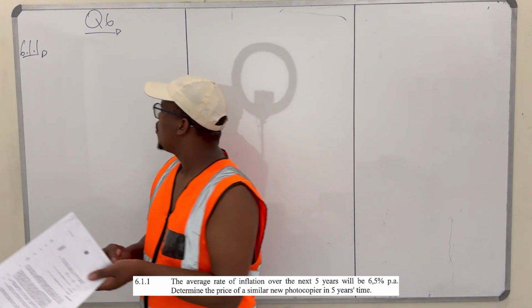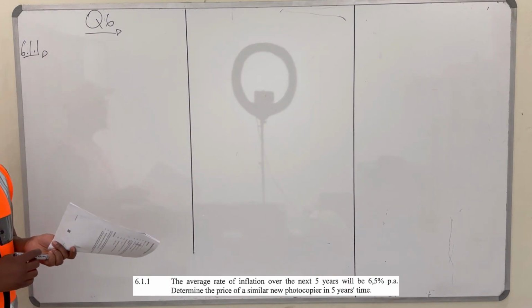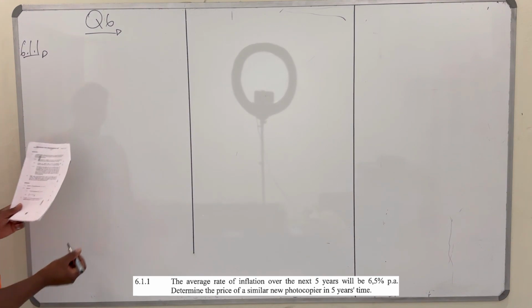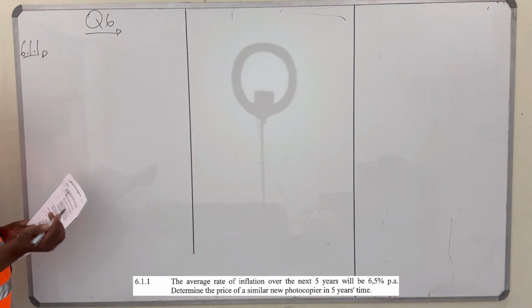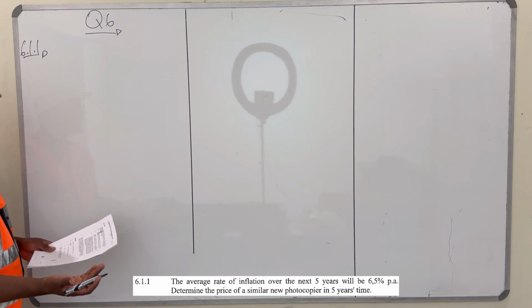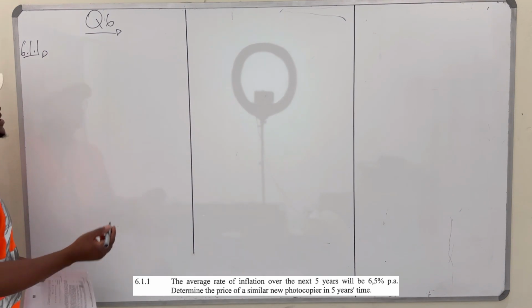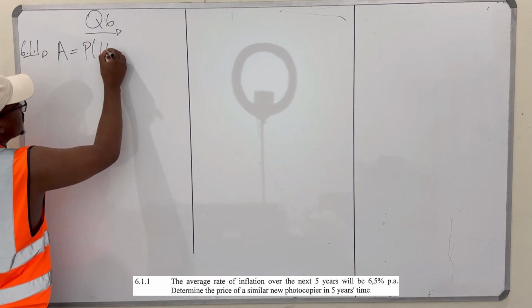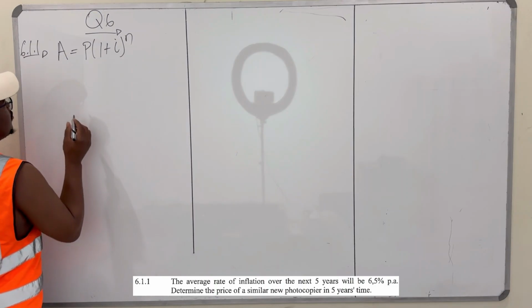We want to know how much the value of the new machine will be, so we calculate the amount after inflation over 5 years. We say A is equal to P times (1 plus i) to the power n.